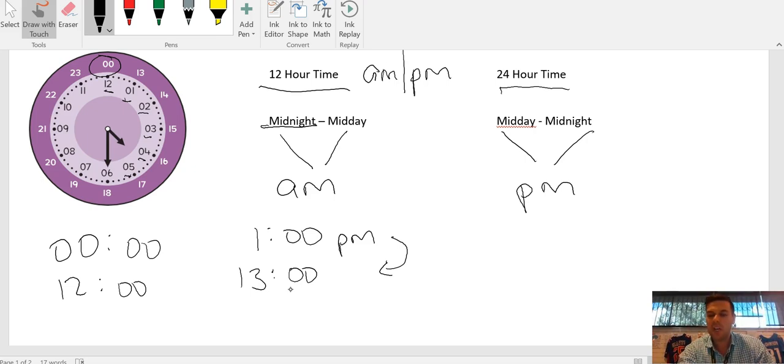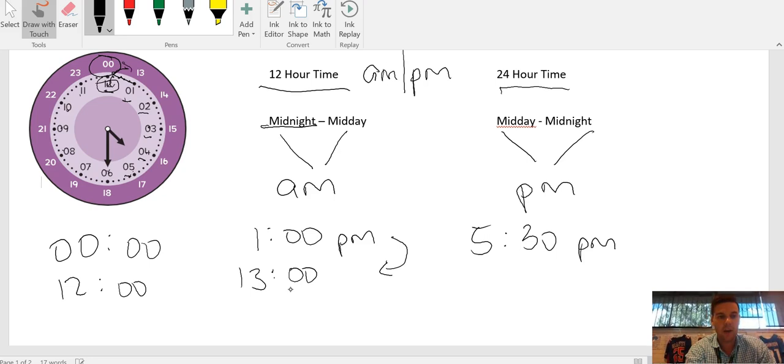So for instance, if I was to have 5:30 PM, we need to work out what hour of the day that is. Let's start right back here at midnight. We go 0, 1, 2, 3, 4, 5, 6, 7, 8, 9, 10, 11, 12, midday.